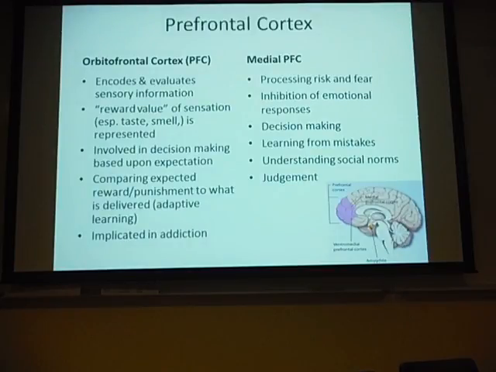The last thing about medial prefrontal cortex is that it's important for understanding social norms. I have judgment on here, but really moral judgments is where it tends to come into play. There haven't been a lot of studies on damage to the medial prefrontal cortex in children or pre-adolescents. But the children or pre-adolescents that have had damage, probably via TBI, tend to have, as they grow, very antisocial behaviors and very poor moral judgment.